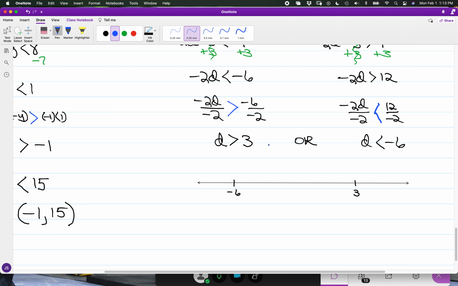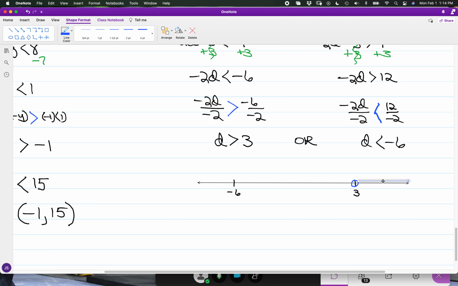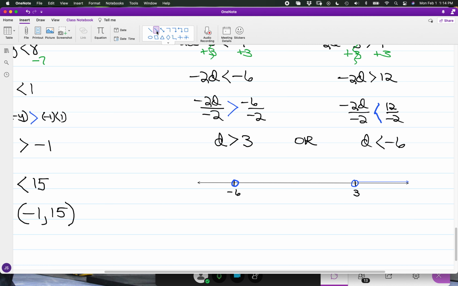At the ends here, we have d is greater than 3, so we have a ray that's going to go out to the right. Now for the lower end, d is less than negative 6, we have again a hole on negative 6, and a ray that will go continuously to the left.